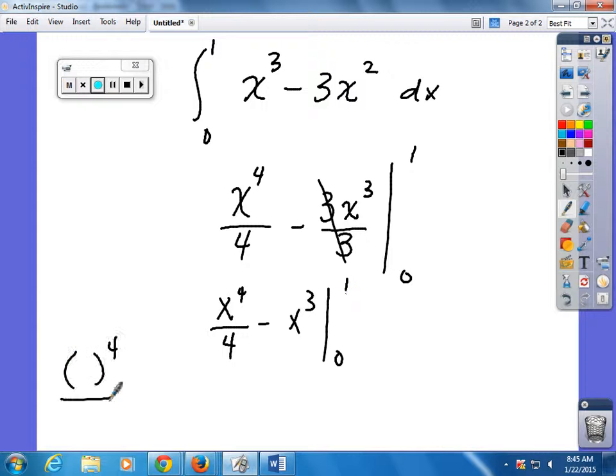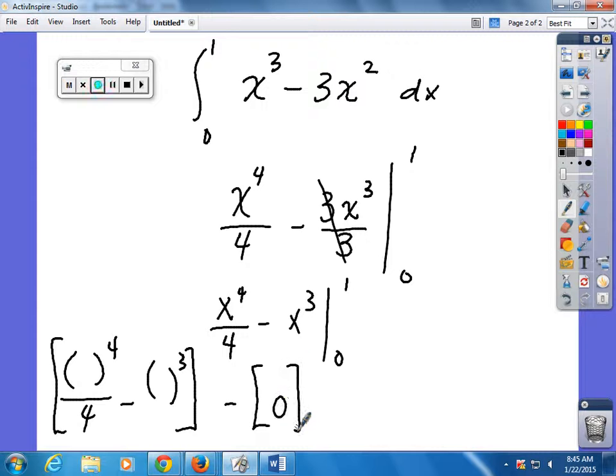Parentheses to the 4th over 4 minus parentheses cubed, minus 0. And I'm not going to go through and do all that because I was only going to get 0. So plug in 1. And that's going to give us 1/4 minus 4/4, which is what?